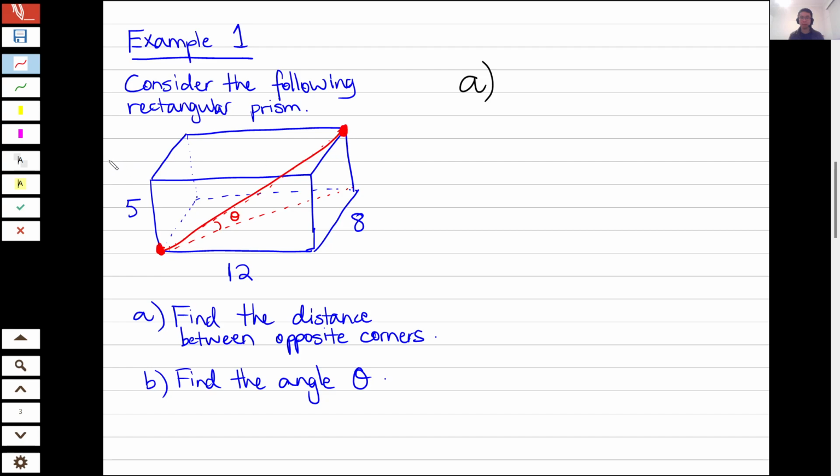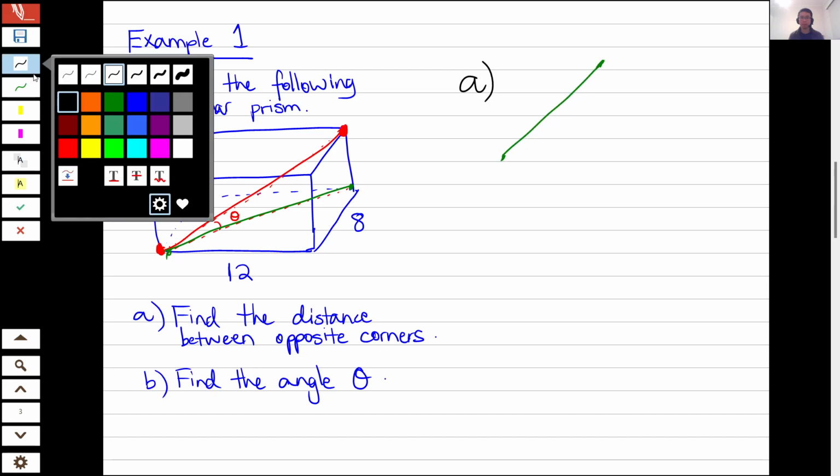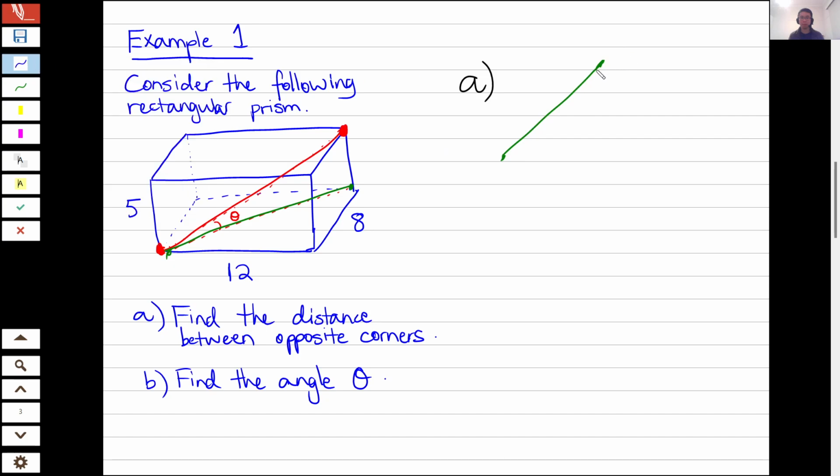And the key to doing this is to break the calculation up into 2 steps, both involving Pythagoras' theorem. So what I'm going to do is I'm going to start by finding this line down the bottom, which I'm going to color in green. So here we go. I have a right-angled triangle in the base with side lengths 12 and 8.